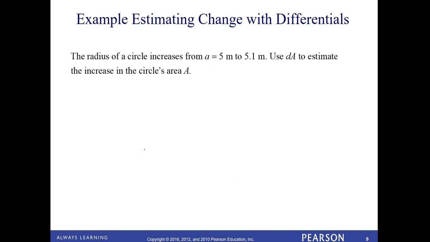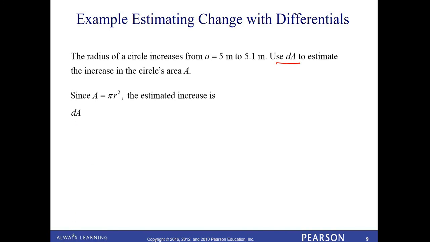So here's an example for estimating change using a differential. The radius of a circle increases from a equals 5 to 5.1. Use dA to estimate the increase. So the circle's area, there's our original function.